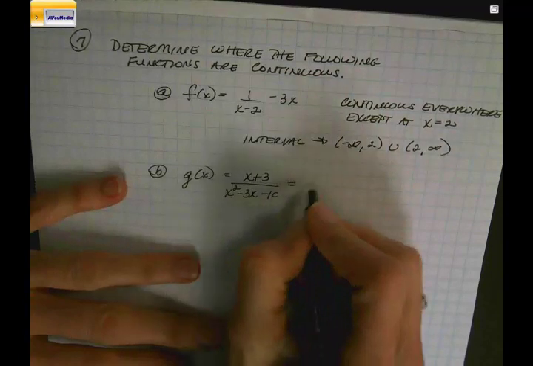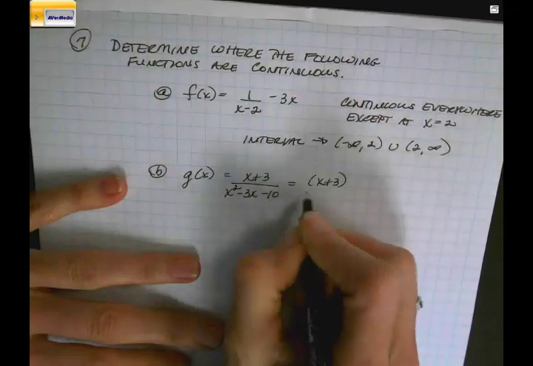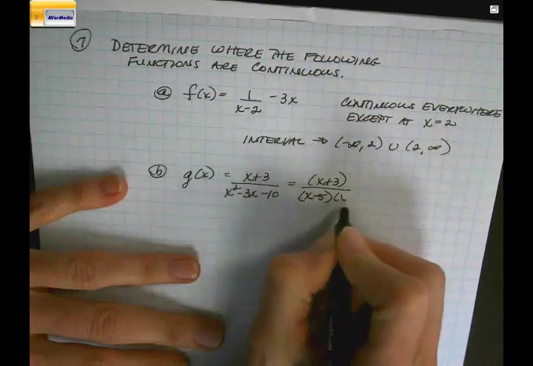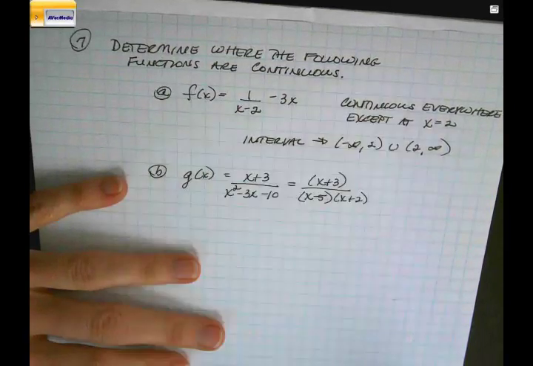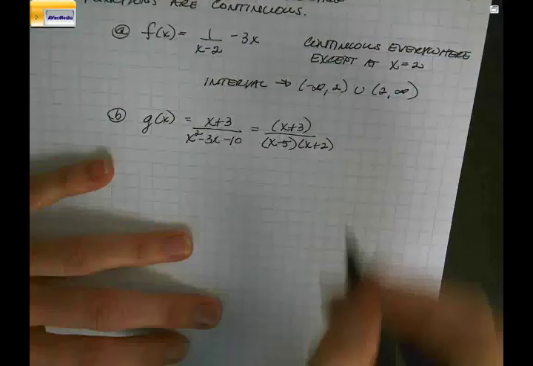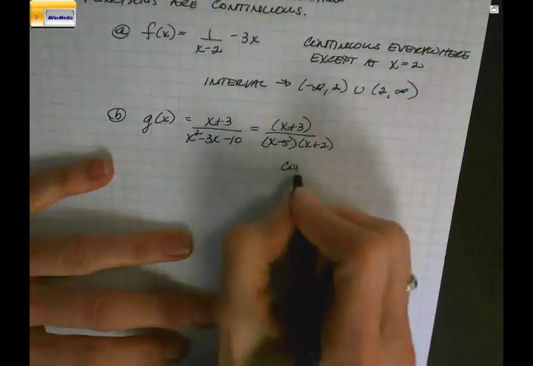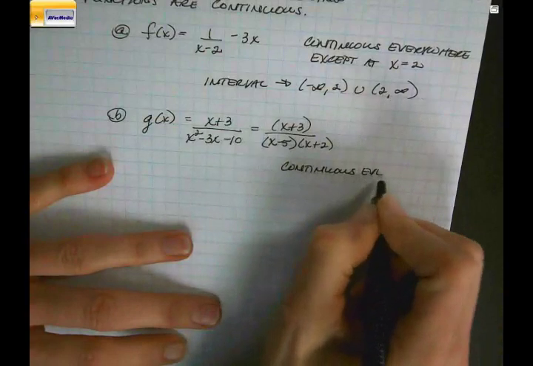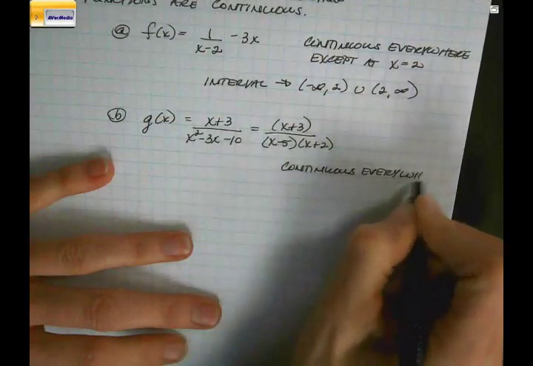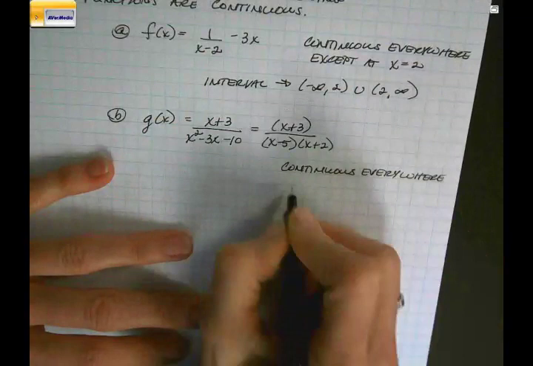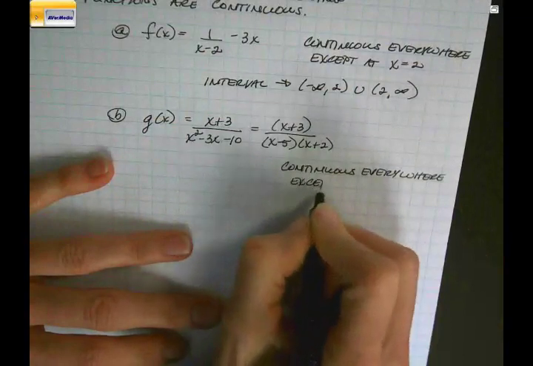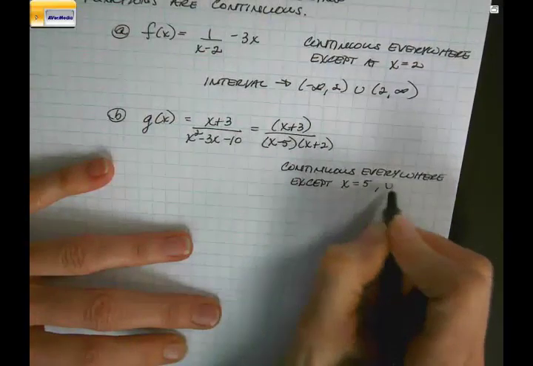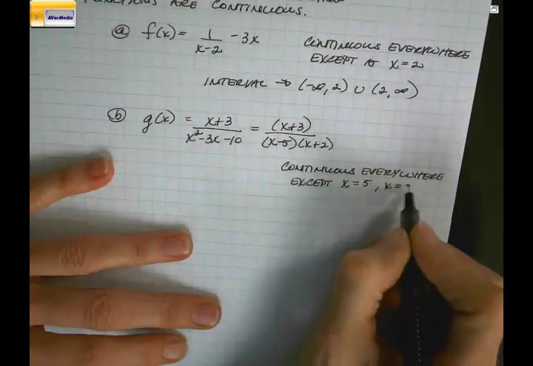So this is x plus 3 over x minus 5 and x plus 2. We're going to say it's continuous everywhere except where? x equals 5 and x equals negative 2.